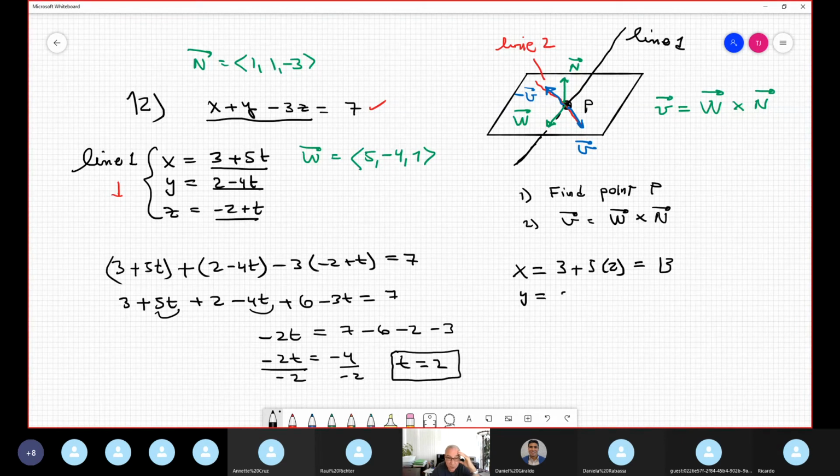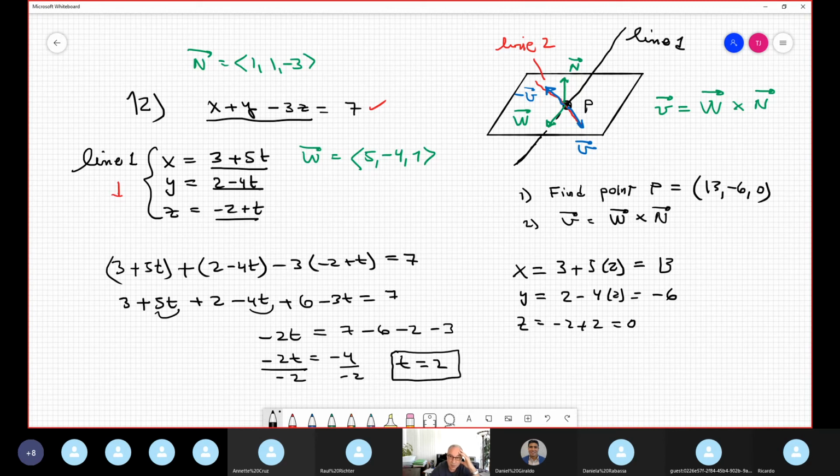Y is equal to minus 4 times 2, which is minus 6. And z is minus 2 plus 2. It's 0. Wow, it's 0. So the famous point P is the point 13, negative 6, 0. Boom.